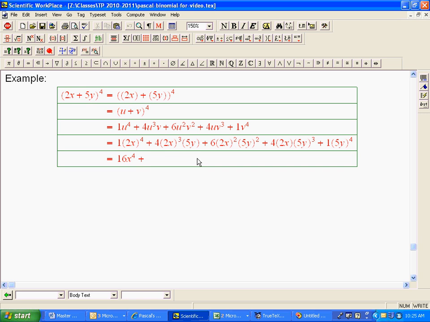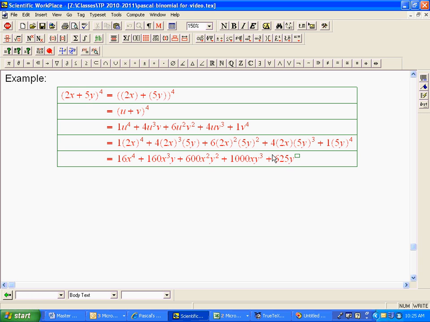So that's going to be, let's see, 4 times 5 is 20, times 8 is 160, x cubed y, plus 6 times, actually 2 times 2 times 5 times 5 is just 100, so that's 600, x squared y squared, and then 2 times 5 is 10, 4 times 25, so that's 1,000, I think, x y cubed, and then plus 5 to the fourth is 625.